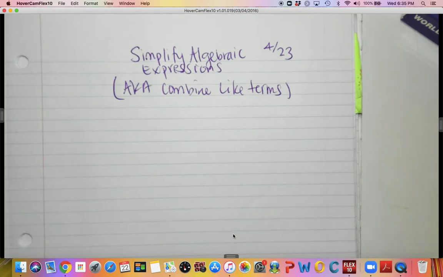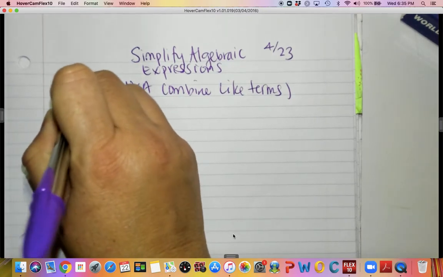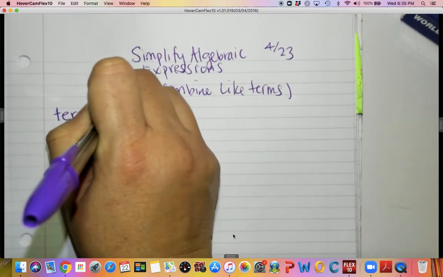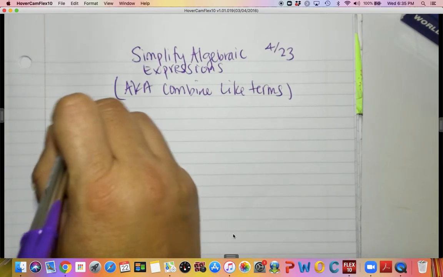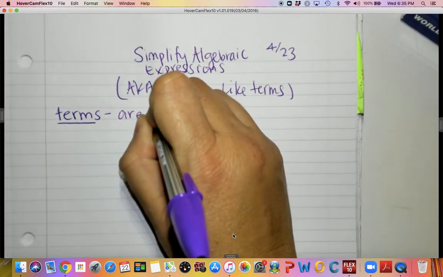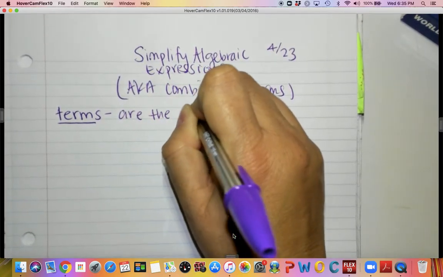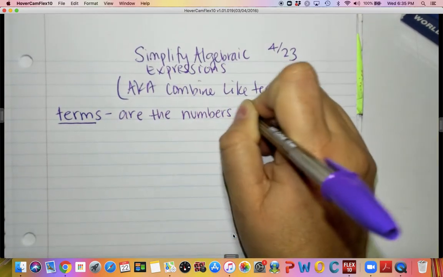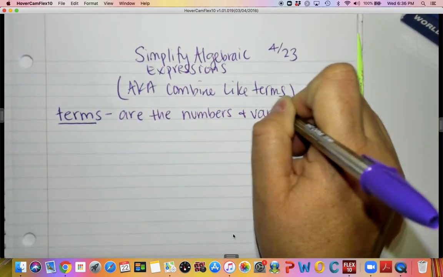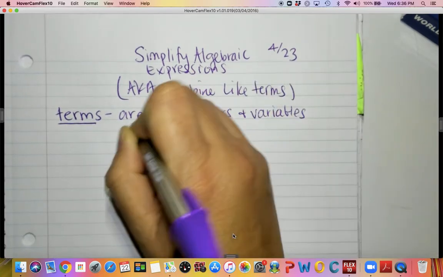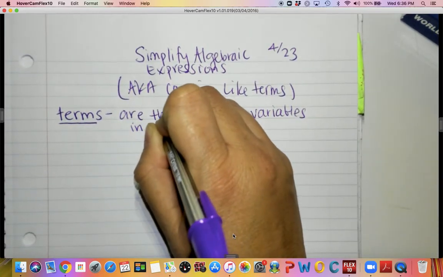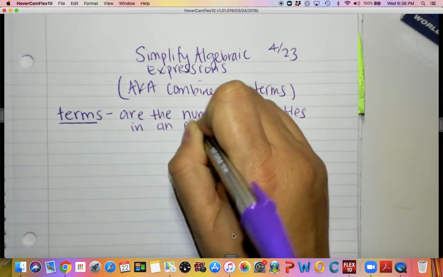Alright, so we did talk in our notes, I believe on Monday, about terms, and I just want to go over that one more time. Terms are the numbers and variables in an expression or equation.